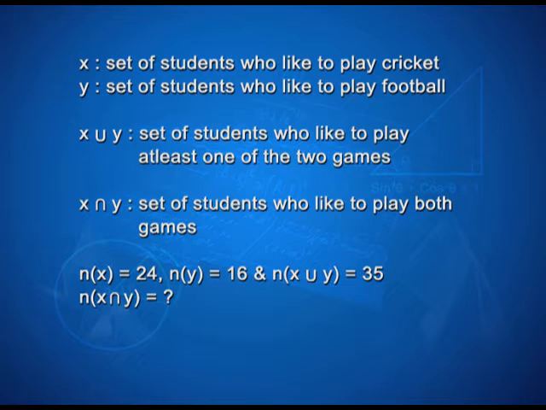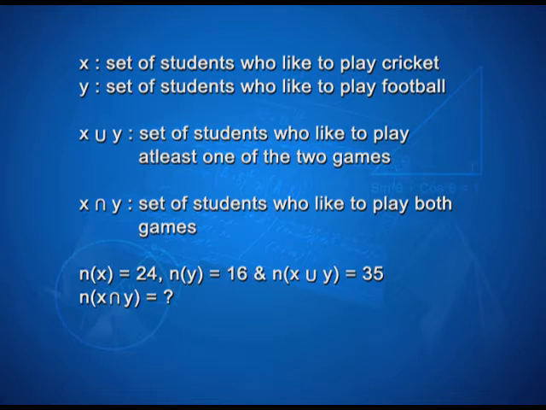Let us try to convert this data in the form of sets. Let X be the set of students who like to play cricket and Y be the set of students who like to play football. Then X union Y is the set of students who like to play at least one of the two games and X intersection Y is the set of students who like to play both the games.